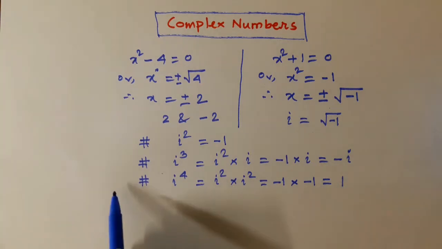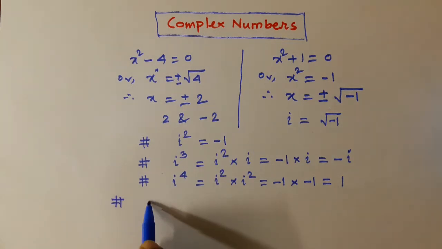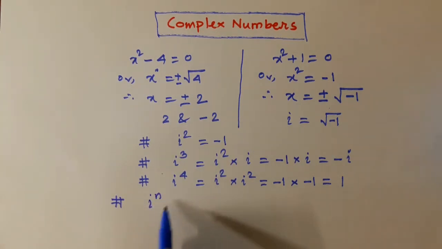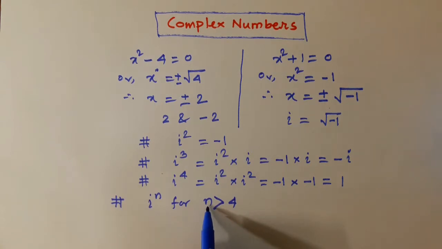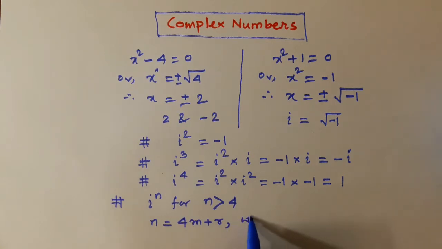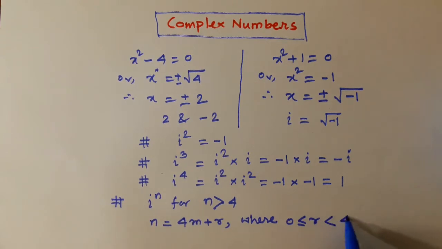Now one interesting thing is, in order to compute i to the power n for n greater than 4, we divide this n by 4 and obtain the remainder r. Let m be the quotient when n is divided by 4, then I can write n as 4m plus r, where 0 is less than or equal to r less than 4.